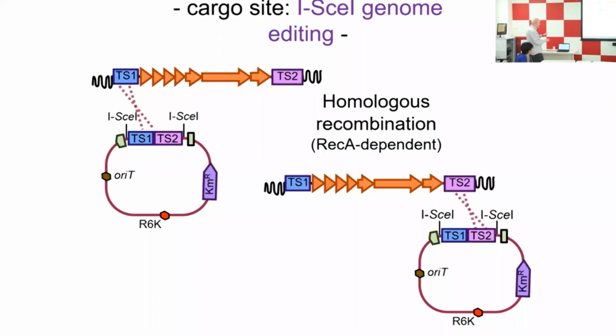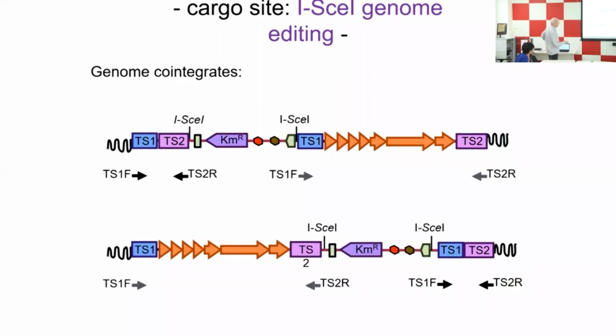So when you have a recombination here, then you start integrating there, and then it continues the whole thing. It's like you have a circle that gets integrated into a site of the chromosome, and then you have a so-called cointegrate, right? So this would be the structures of what you have there.